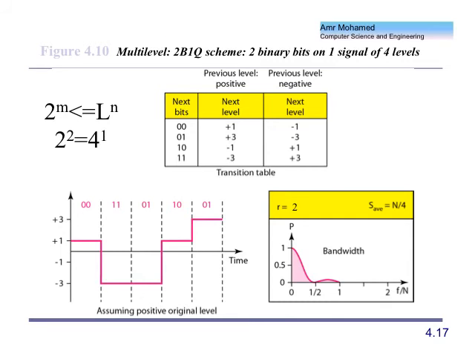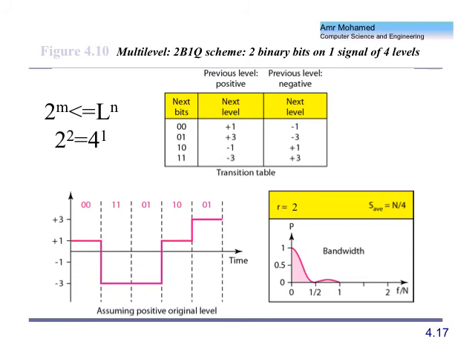Again, 2 means the length in each group is 2. It means I'm taking each 2 bits at a time, right? Each 2 binary bits. And then I will use one only signal element with quaternary levels, or 4 levels.